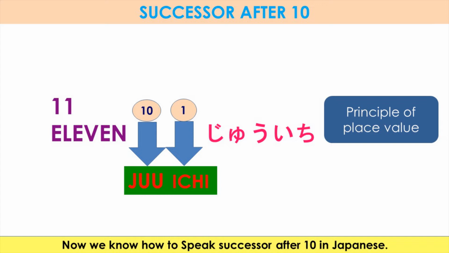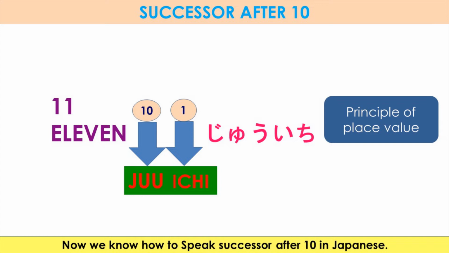And according to the principle of place value, I think you all must know what place value is in mathematics. We are learning from very small classes. The place value of 1 is 1 and the other place value of 1 is 10. Like at 10's place we have 1, at 1's place also we have 1, as we have the number 11.